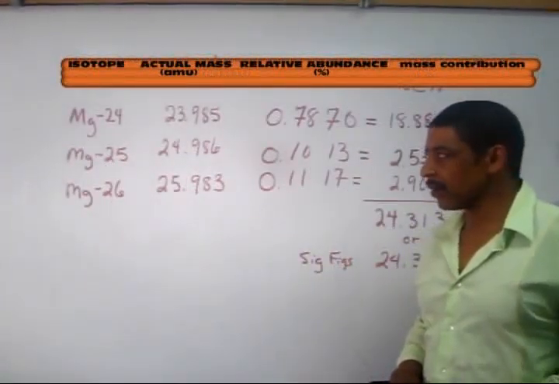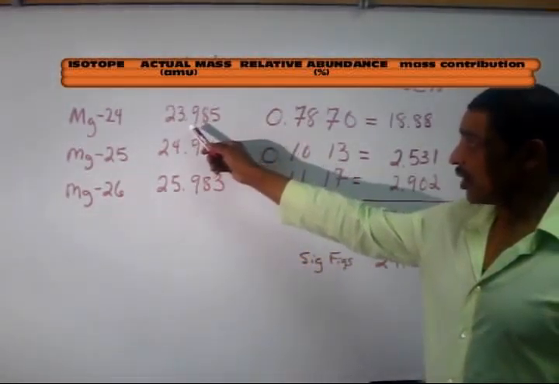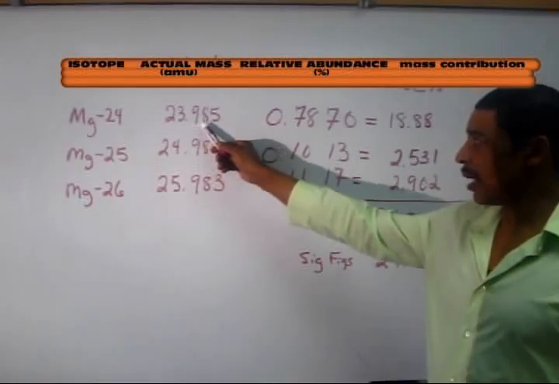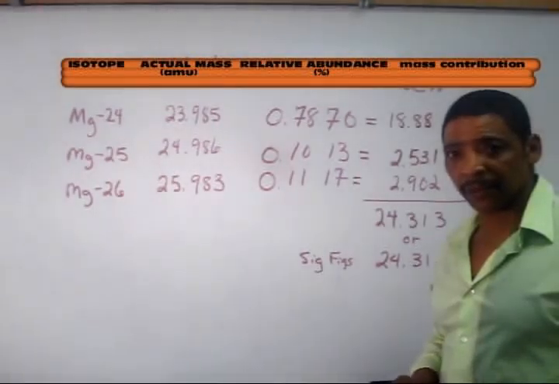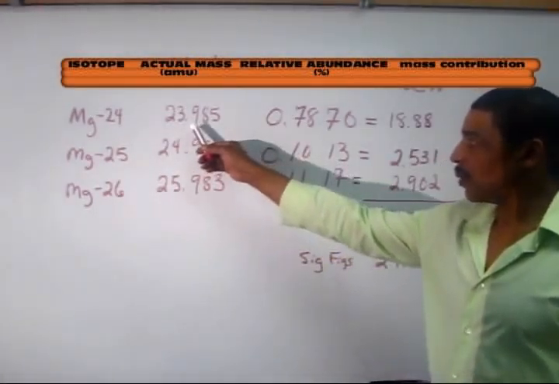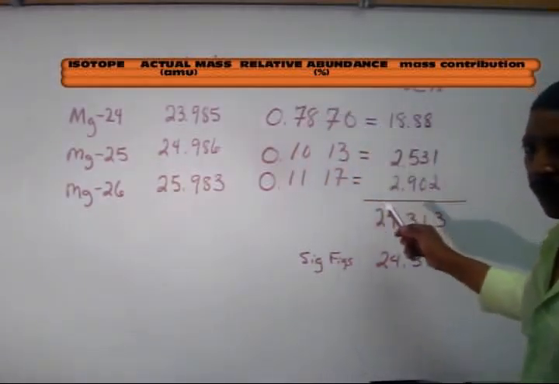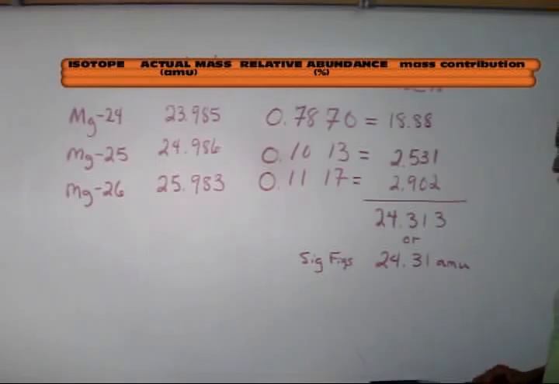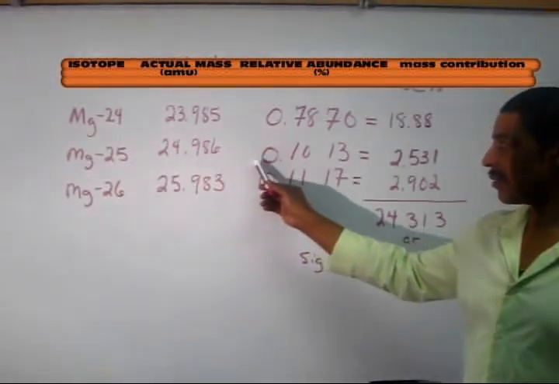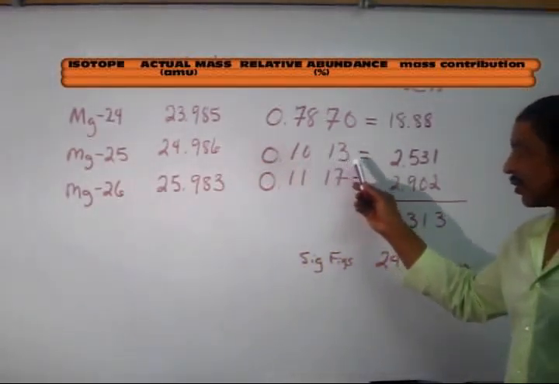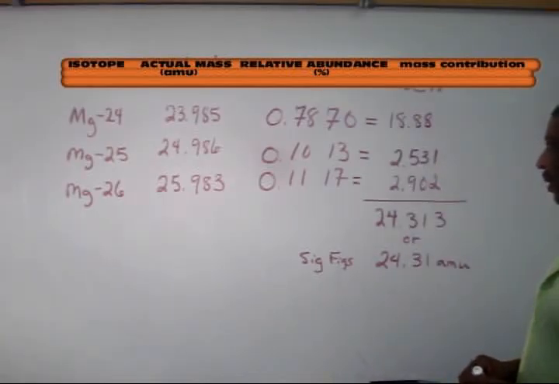Now, to solve the problem, simply multiply the actual mass, which in the first case is 23.985, times the converted percentage. 23.985 times 0.7870 is equal to 18.88 AMU. 24.986 times 0.1013 is equal to 2.531 AMU.